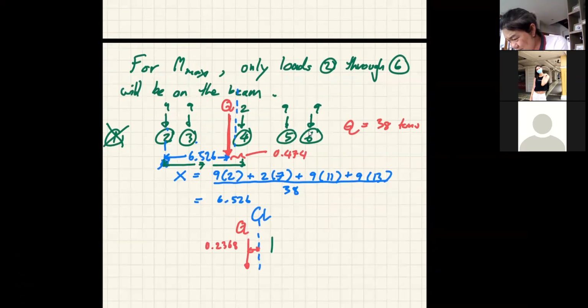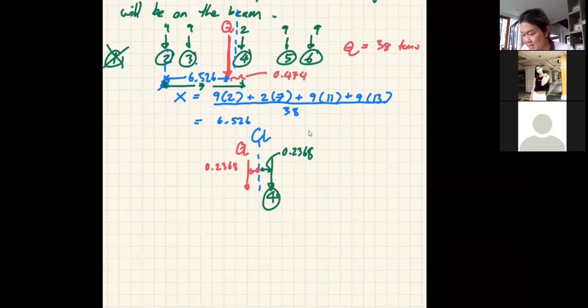And then you have load number 4 here with the same distance, 0.2368. Okay, so we have the 20 meters long beam.